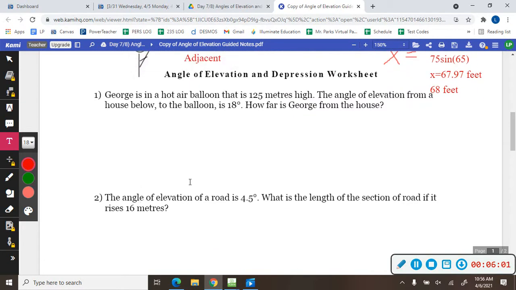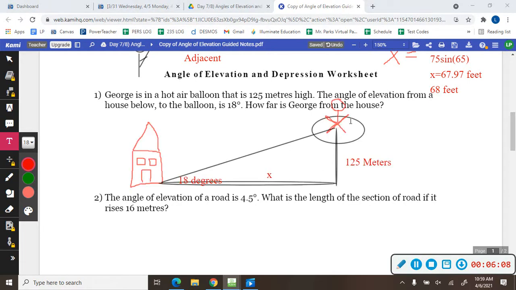Alright, so on this example, I'm going to go ahead and hit pause and draw. We have George. He's in a hot air balloon, 125 meters high. The angle of elevation from a house below to the balloon is 18 degrees. So how far is George, this is George, from the house? You're not going to measure diagonally.